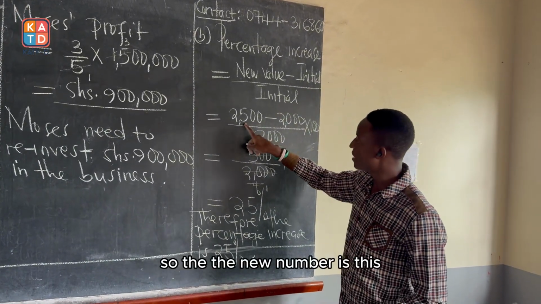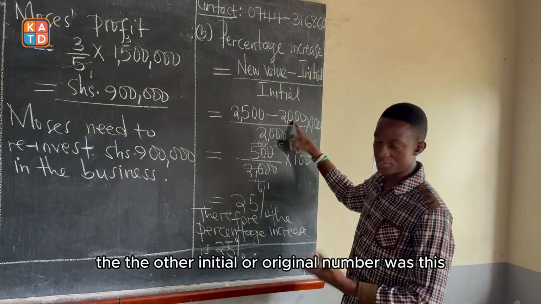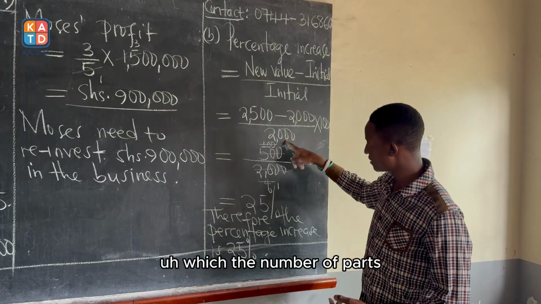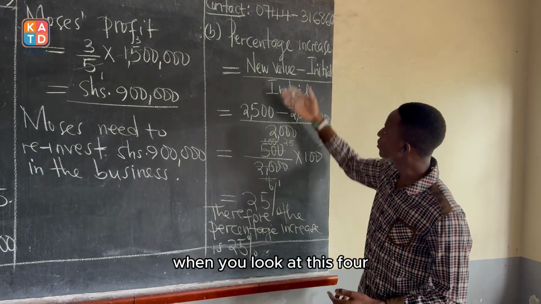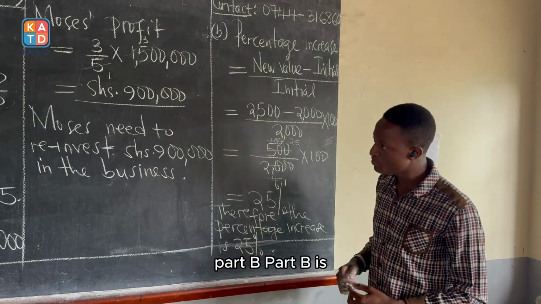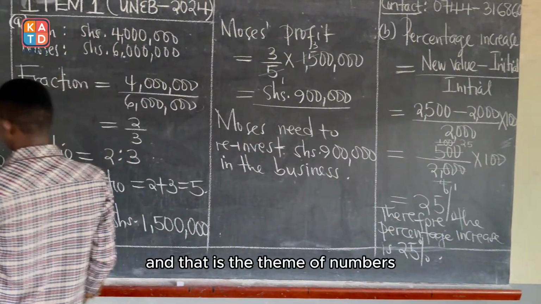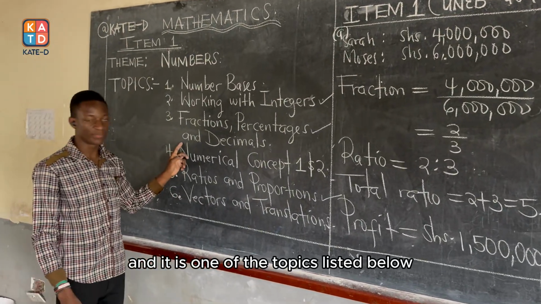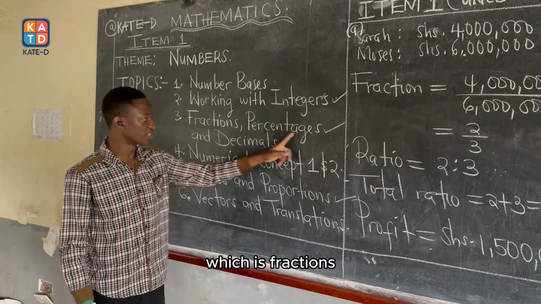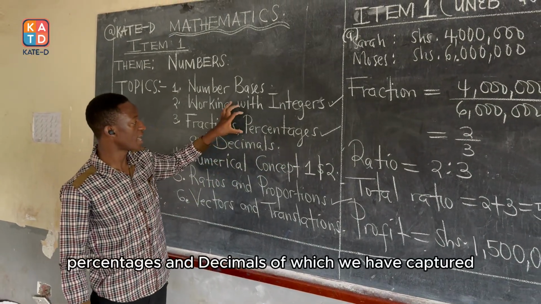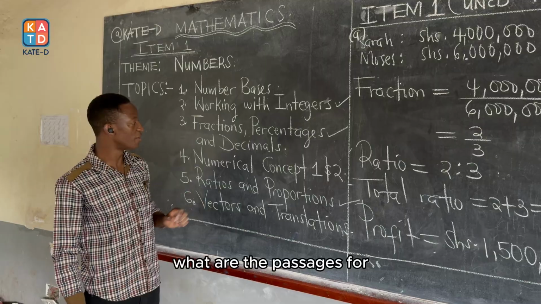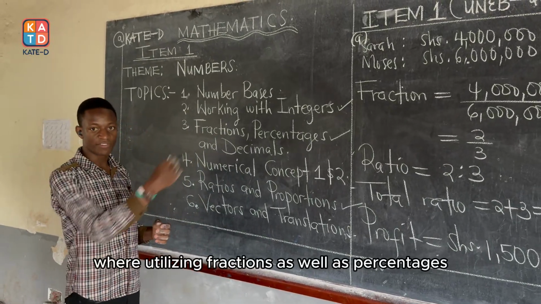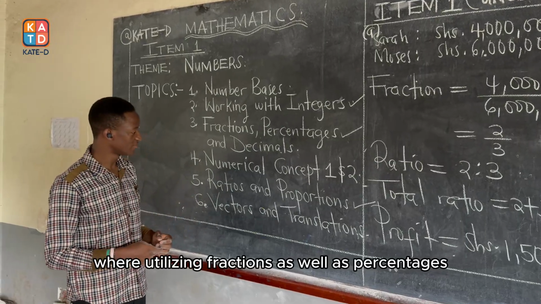So the new number is this, the initial or the original number was this which they began the business with, which is the number of birds. So when we look at this whole part B, it is under the theme of numbers, and it is one of the topics listed below, which is fractions, percentage and decimals, of which we are capturing the percentage form and the fraction part, because they were utilizing fractions as well as percentages.